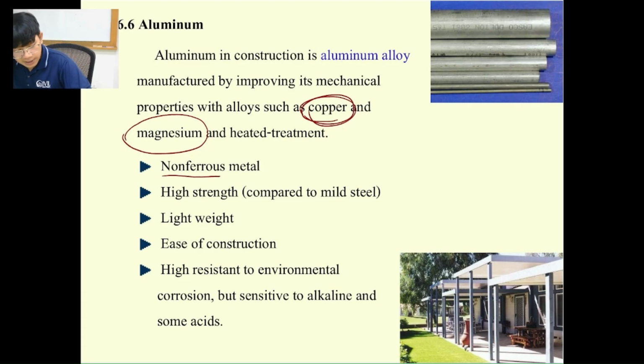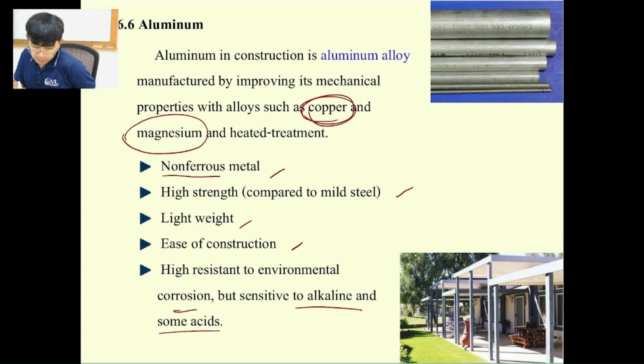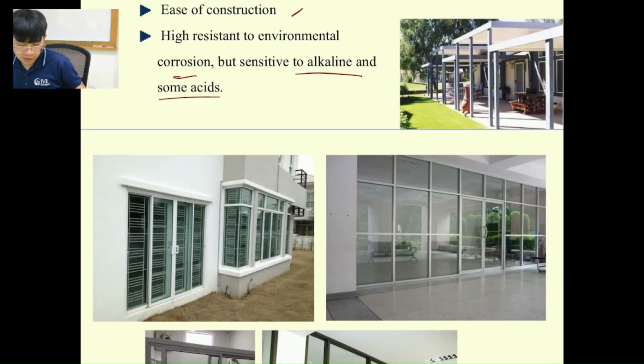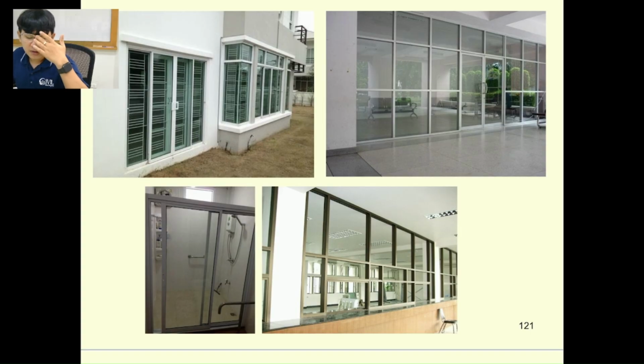So after we combine it, we call it aluminum, a non-ferrous material with really high strength, lightweight, and ease of construction, with high resistance to environmental corrosion and also some acids. But most applications are not going to experience this.